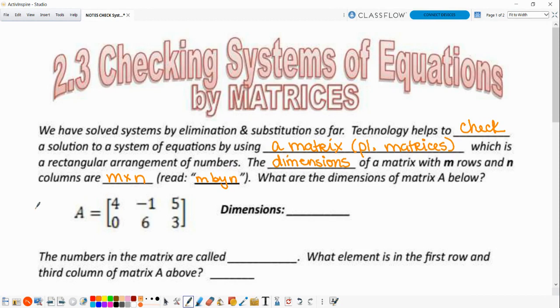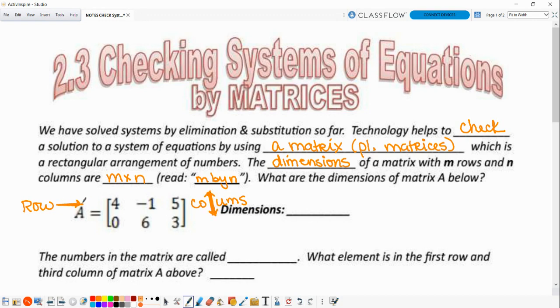Okay, if you think about it, rows, when we row, we row sideways. We don't row up and down. So rows are going to go like this. Columns, C-O-L-U, I can't spell today, M-N-S, columns go up and down.